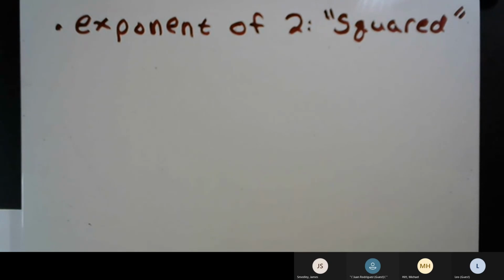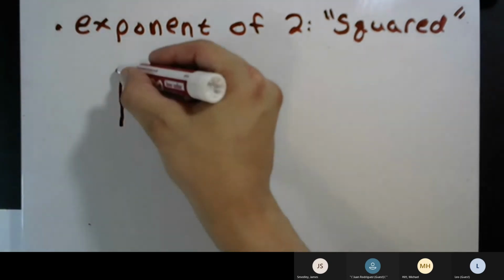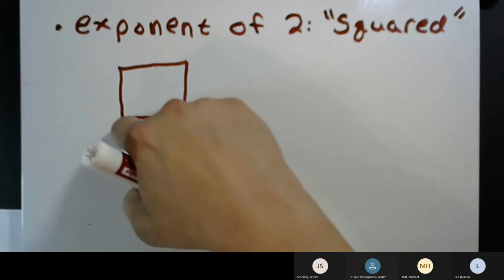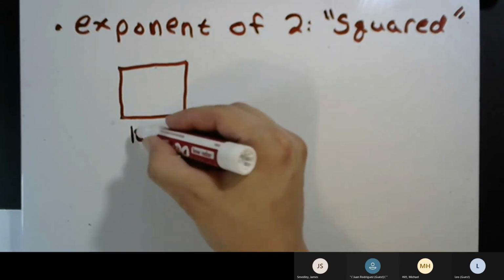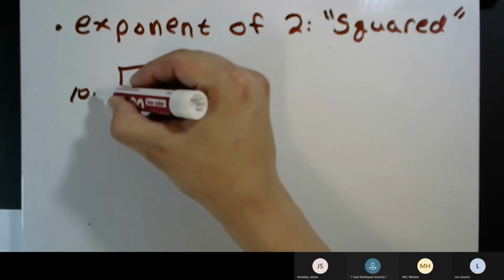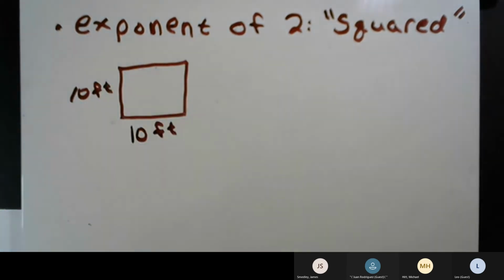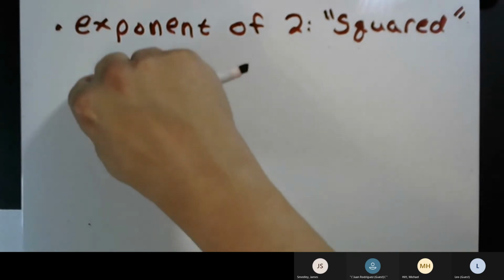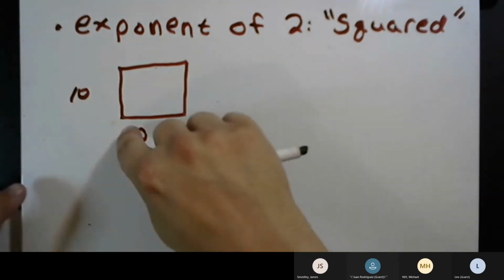And where that actually comes from, let's say you're trying to find the area of something. Let's say it's 10 feet, and you have 10 feet. We'll just use numbers.